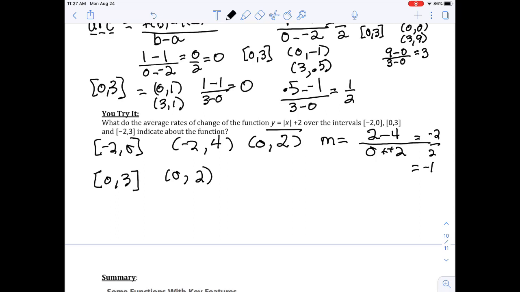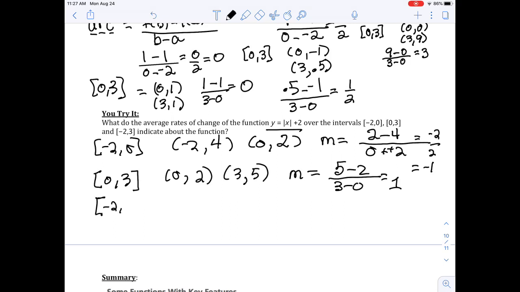So that's going to be 0, comma 2. So I'm going ahead and plugging in 0 for x. We already knew that. And 3, comma 5. Okay, let's do the average rate of change. That's going to be 5 subtract 2 over 3 subtract 0, and that's going to be 3 over 3, which is a +1. So my average rate of change went from negative to positive.